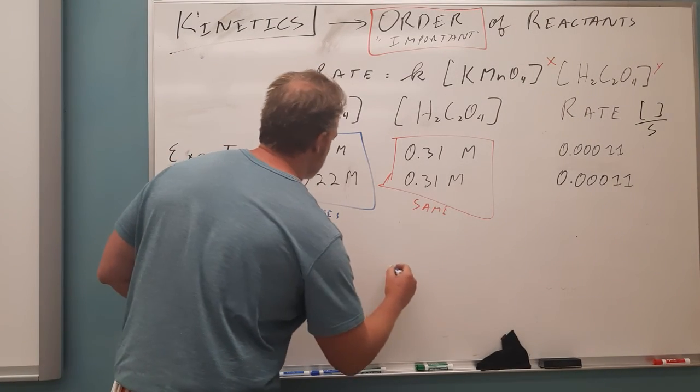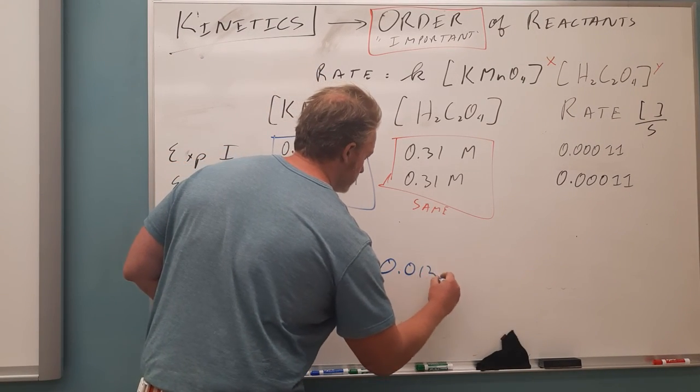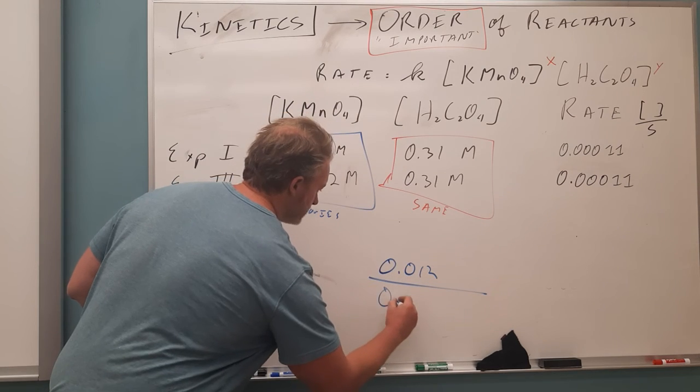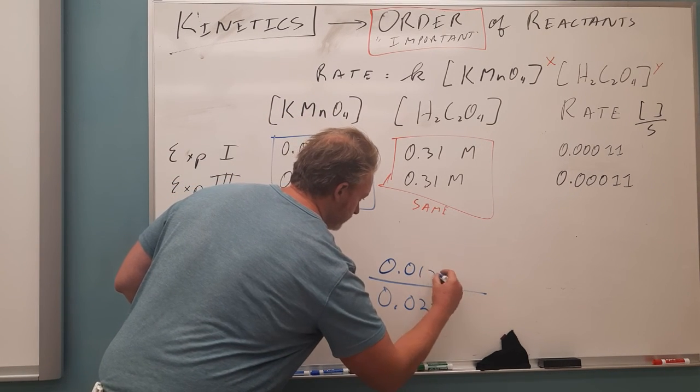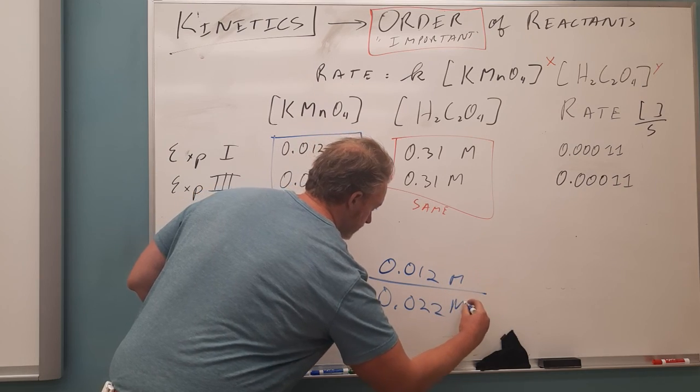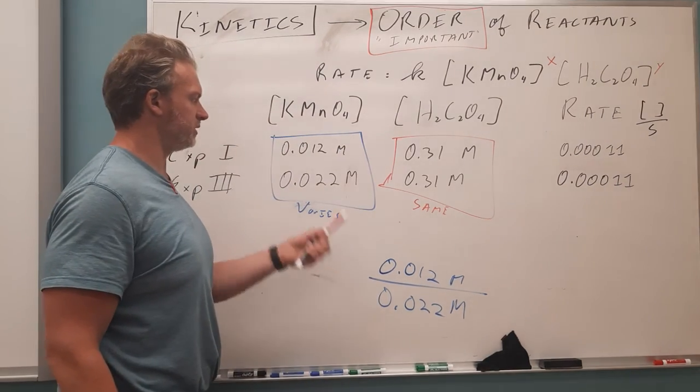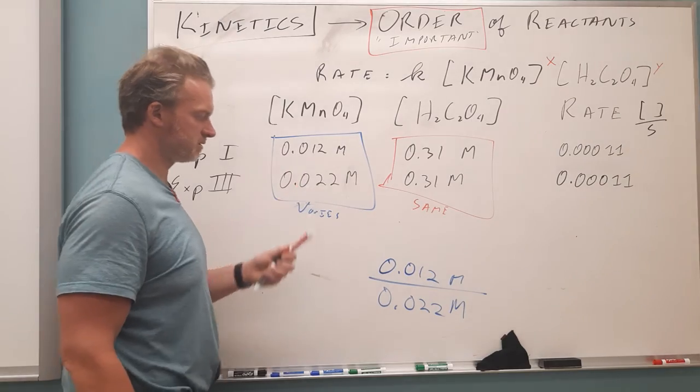Proportionally, 0.012 divided by 0.022. This is a proportion of these two experiments.